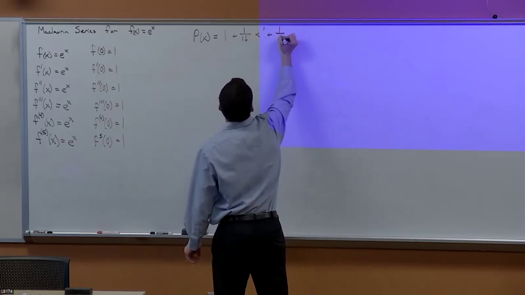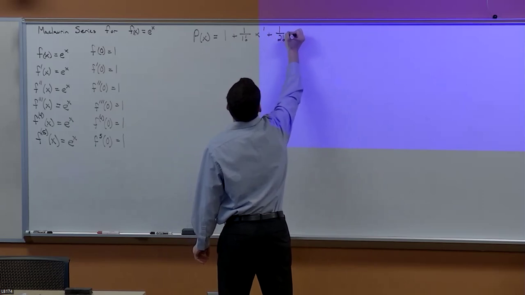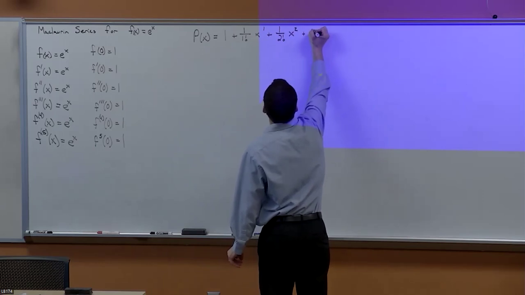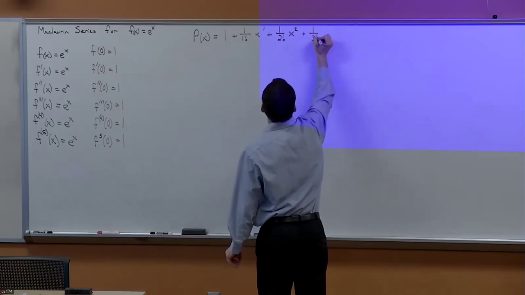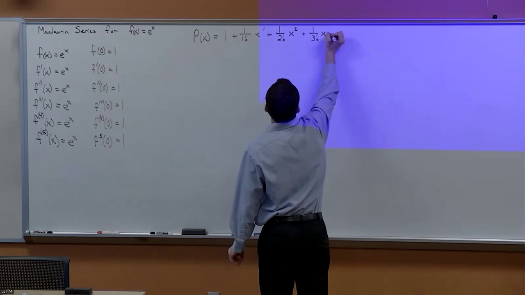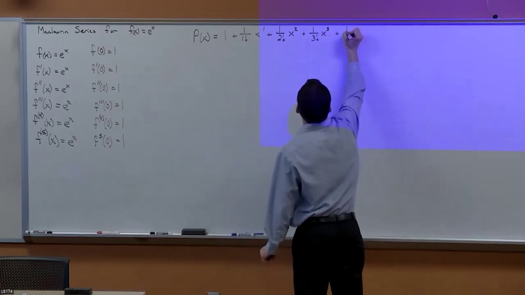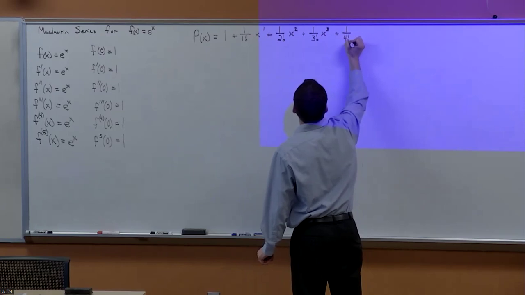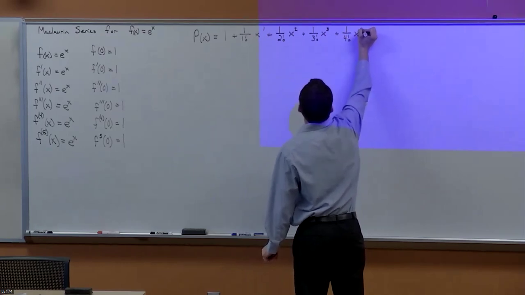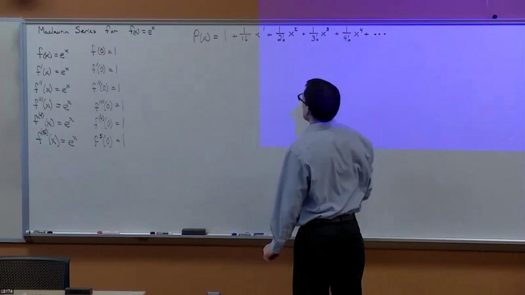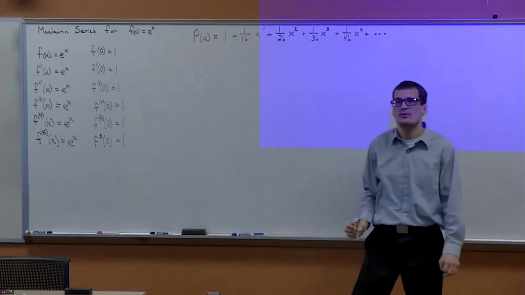Plus 1 over 2 factorial times (x minus 0) to the second power, plus 1 over 3 factorial times (x minus 0) to the third power, plus 1 over 4 factorial times (x minus 0) to the fourth power. And I can already see the pattern.